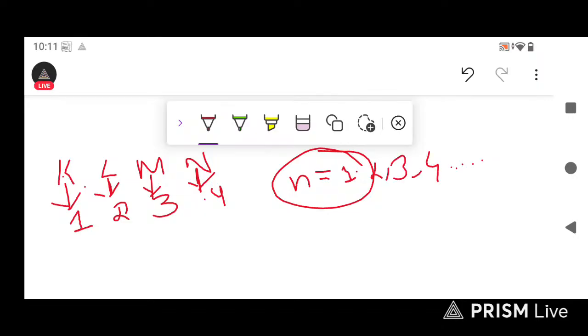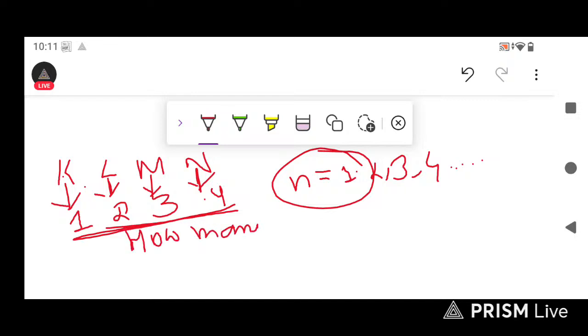So here we talk about the shells as well as the subshells. So how many electrons will be in K shell, L shell, M shell, and N shell? What do you know about it? Please answer me in the chat. How many electrons will be in K shell? I will write the question.